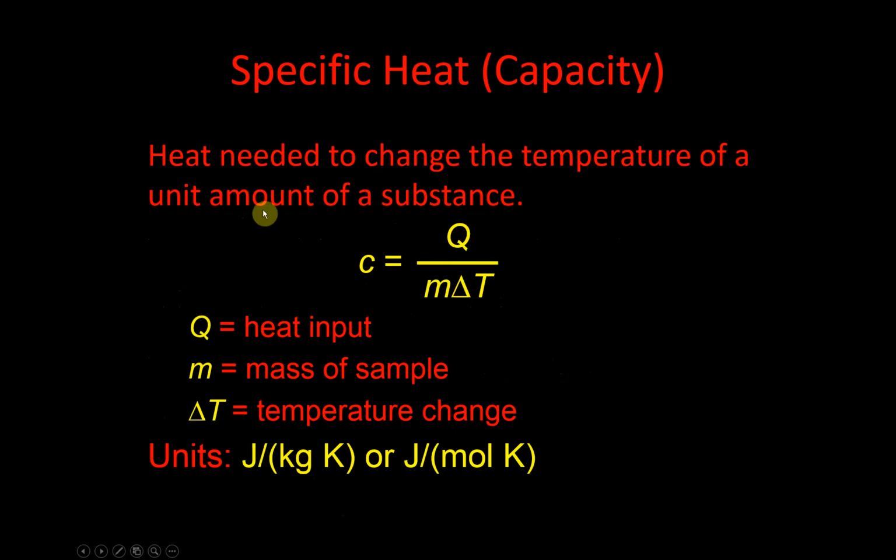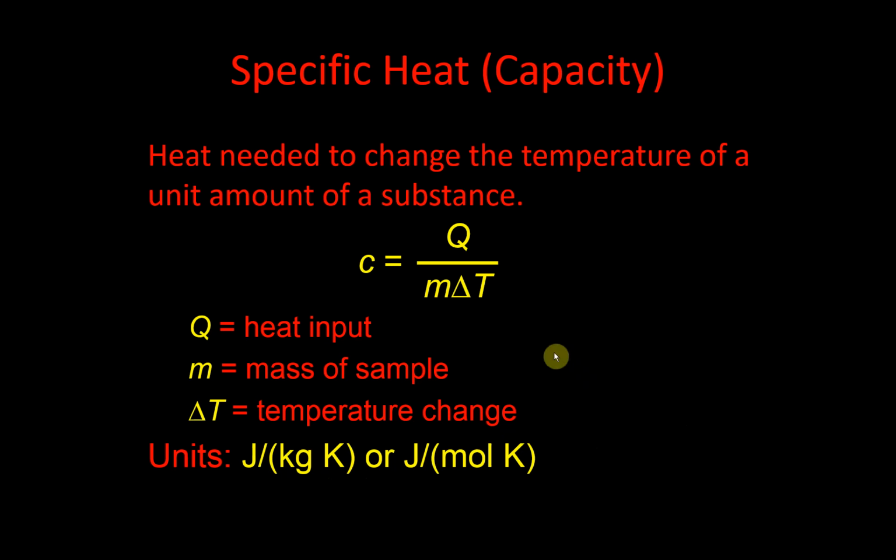So C, the specific heat capacity, is the heat needed to change the temperature of a unit amount of the substance. So if we rearrange the previous equation, C is essentially Q over the mass times the temperature change. C is Q over m delta T. And that'll give you units of joules per kilogram Kelvin, or joules per mole Kelvin, or joules per gram Kelvin.